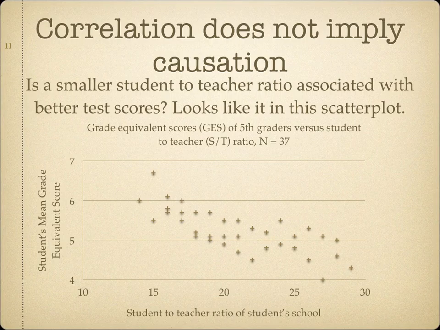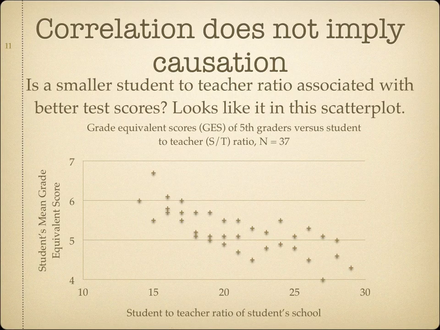Now, what we're imagining is we've somehow sampled 37 students across some wide span of space, each of which are at different schools that have different student-to-teacher ratios, and each of these students therefore also scores their own individual score on this reading test.